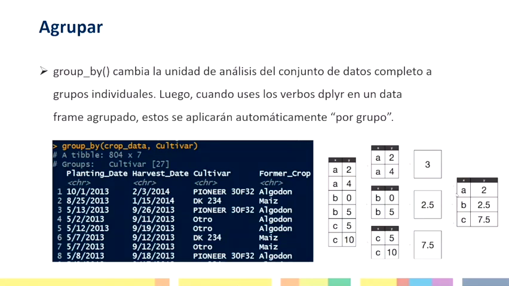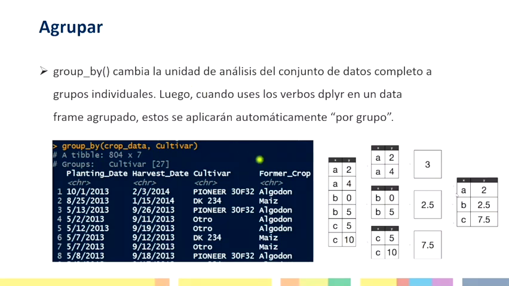So all the functions that are going to be applied will be done by group. And this is important, for example, whenever I do a summary of the information at certain levels, like, for example, sowing or the last crop. So I can use that group by combined with other functions in order to obtain those results that I want.